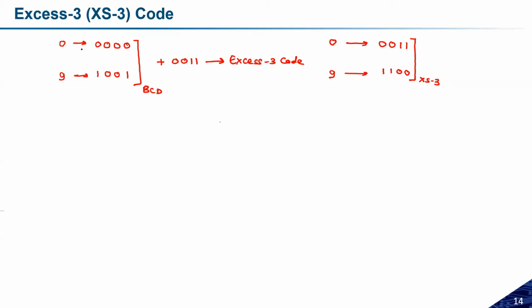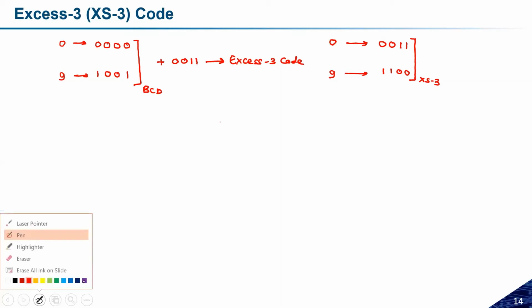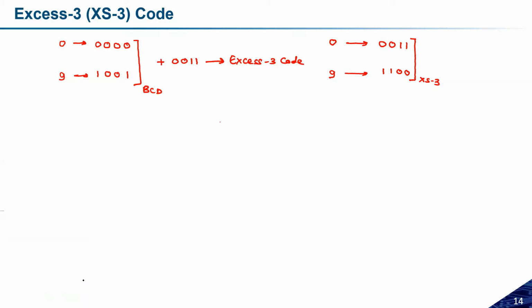Can anyone comment which numbers are invalid in the Excess-3 code? 13 and upper. Or we can say 0, 1, 2. Perfect, yes: 0, 1, 2 and 13, 14, and 15 in decimal equivalent. All these 6 numbers will be invalid in the Excess-3 code.